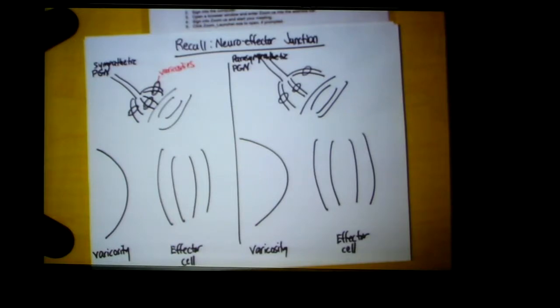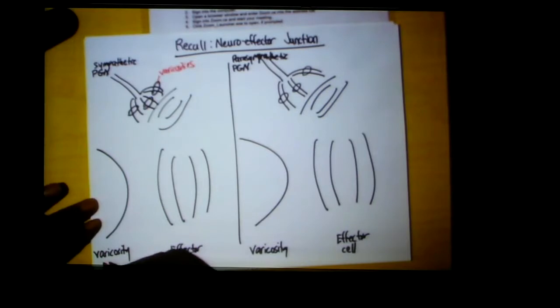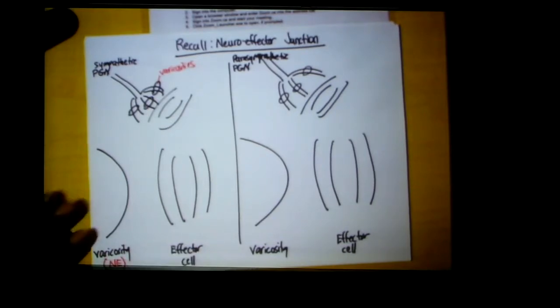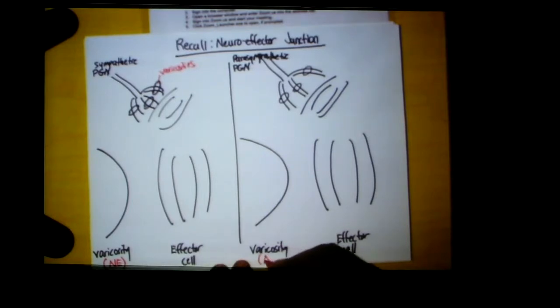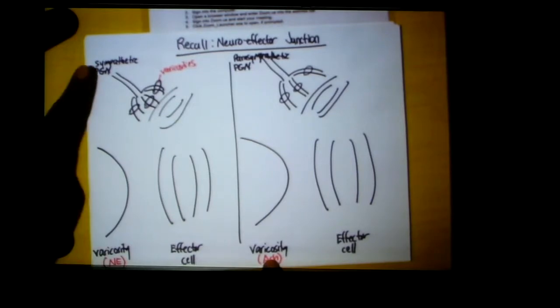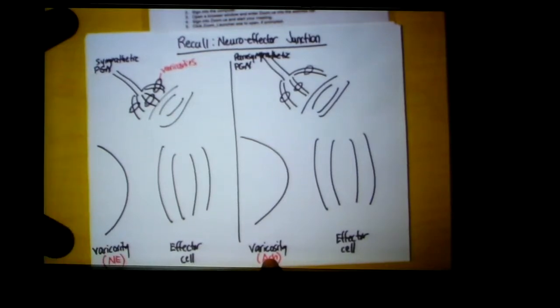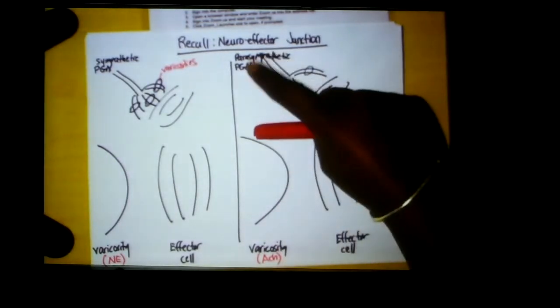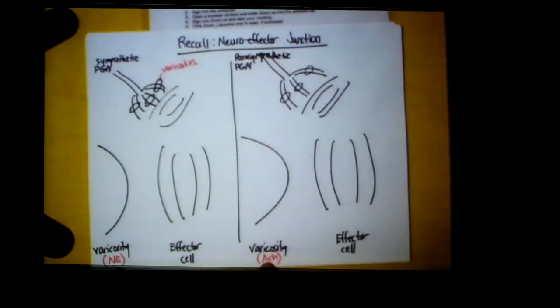It's not acetylcholine, because this is the sympathetic division, so it has to be norepinephrine. On the parasympathetic side, it will be acetylcholine. Please make sure you're making those distinctions. Sympathetic postganglionic neuron releases norepinephrine. Parasympathetic postganglionic neuron releases acetylcholine.